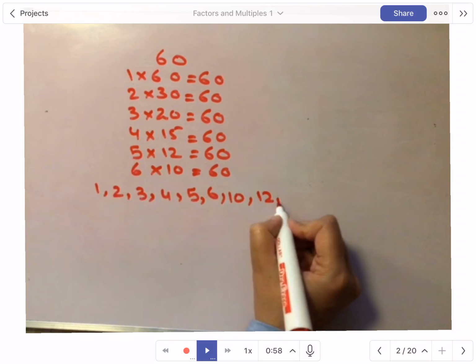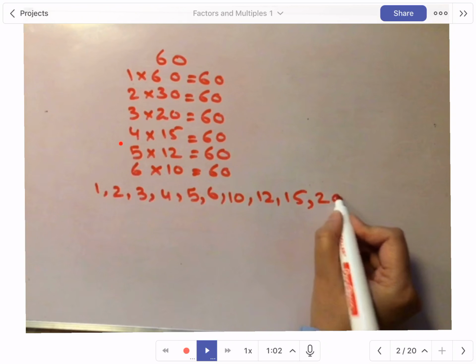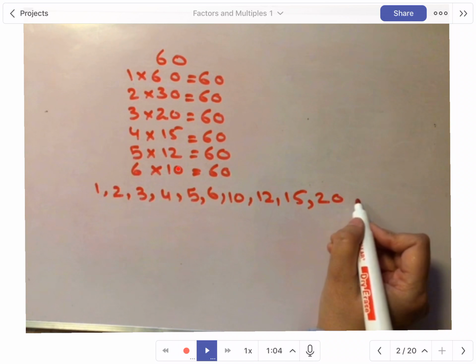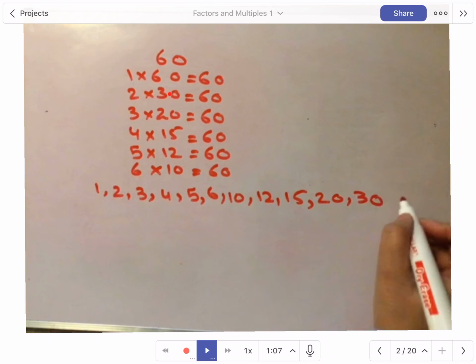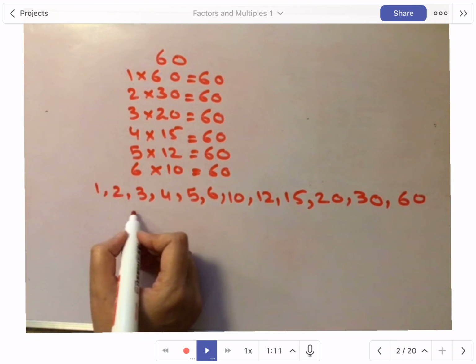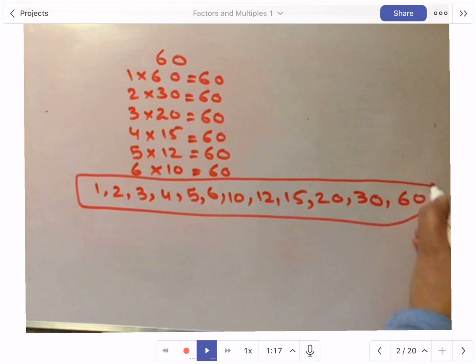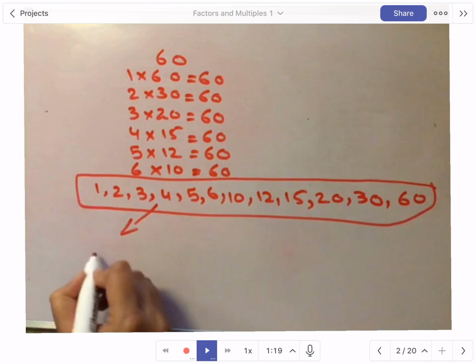So the factors of 60 are 1, 2, 3, 4, 5, 6, 10, 12, 15, 20, 30 and 60. This is how we find the factors.